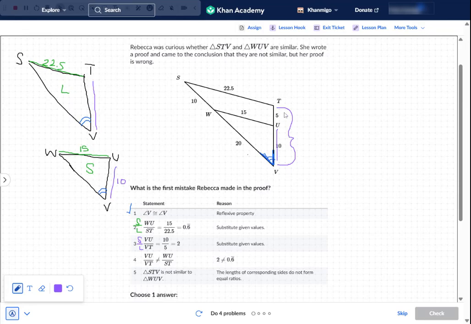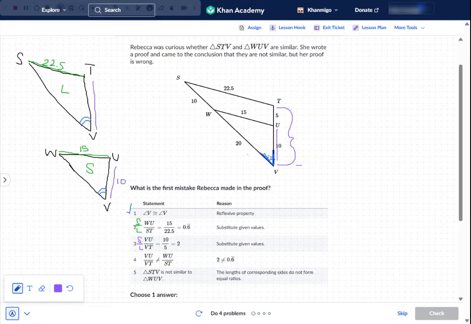Okay, so do you have any ideas what this distance should be? VT? I encourage you to pause. Look at the figure. What information are they telling us? What is side length VT? Going from point V all the way to point T. It looks like we traveled for sure a distance of 10, right?